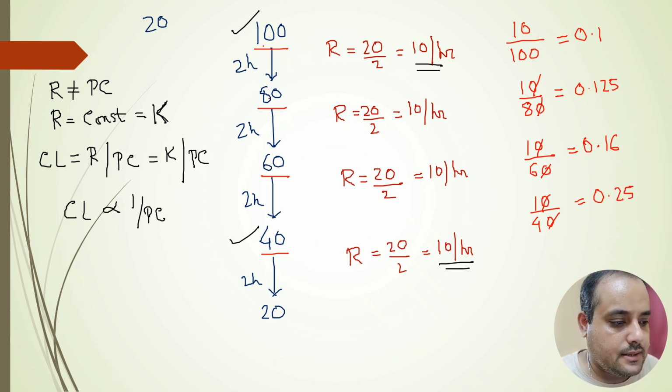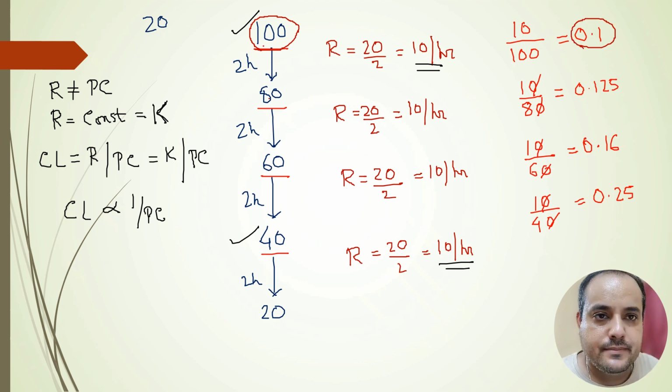So see, when the dose or rather the plasma concentration of the drug is more, the clearance of the drug is less. When the plasma concentration of the drug is less, the clearance of the drug is more, right? That means it is inversely proportional, which we saw just now.